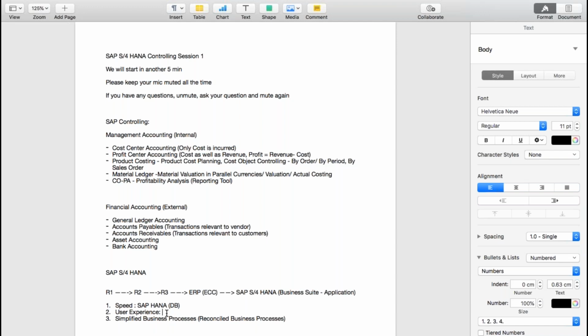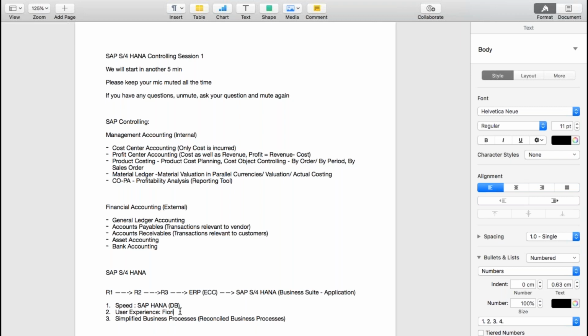Fiori. Yes, have you heard about Fiori? Fiori is a new user interface. Earlier we were using the system only on a computer. We needed SAP Logon, entered the user ID and password, and then we were connected to the SAP system. But now using Fiori, if you have a web link, you can connect to SAP from anywhere.